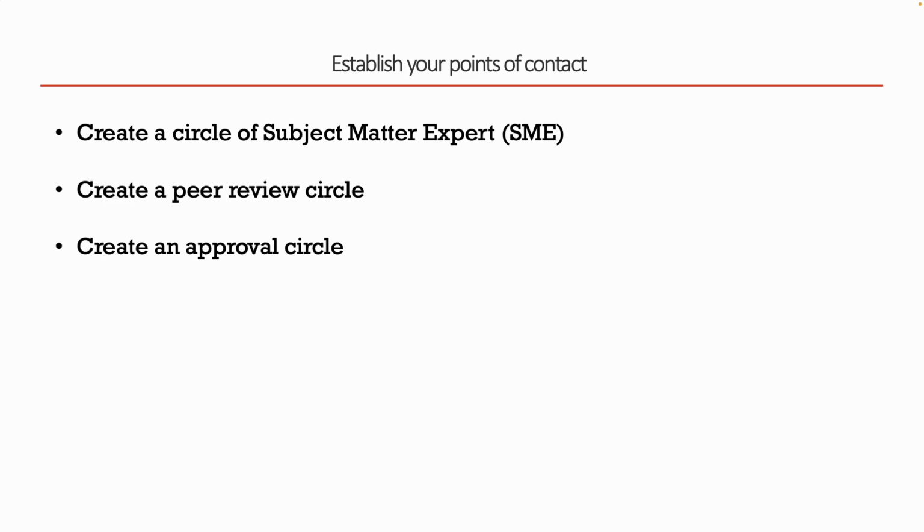Once you have drafted your API documentation, you need to make sure that you have captured all the information authentically and accurately. Peer review circle will help you ensure that the information is accurate and authentic. And then comes approval circle. These are the people who approve publishing your API documentation for public or internal consumption.